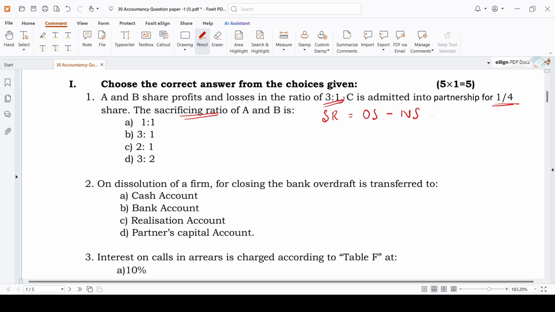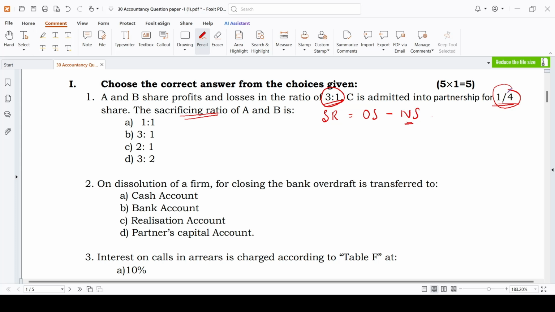So the old share they have already given, we know the old share. We want the new share, right? New share is not given in the problem. Then what have they given? They have given the share of the new partner, that's it. Because of the lack of information here, keep it in your mind: when you want to find the sacrifice ratio, if they have given only the old profit sharing ratio and only the new partner's share, then the old profit sharing ratio itself will be treated as the sacrifice ratio.